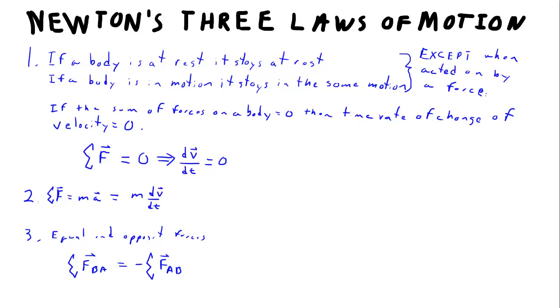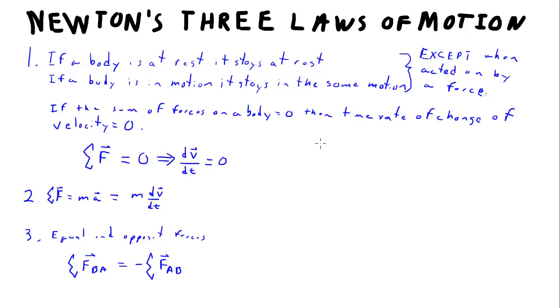There are some equivalent laws for angular motion. For angular motion, we're going to talk about angular momentum. So here we're going to talk about the time rate of change of angular momentum.